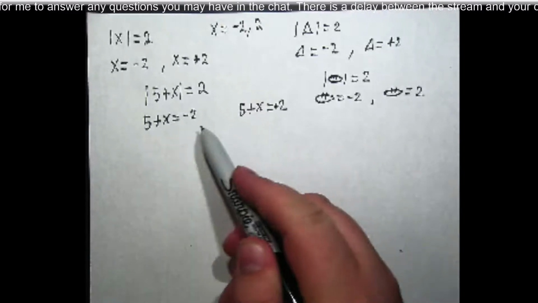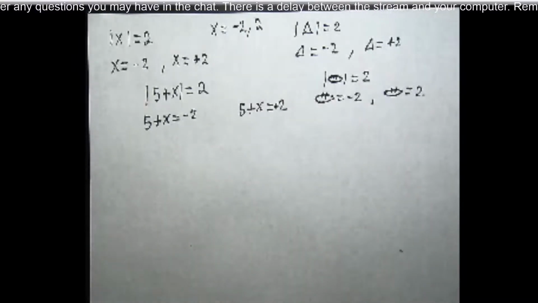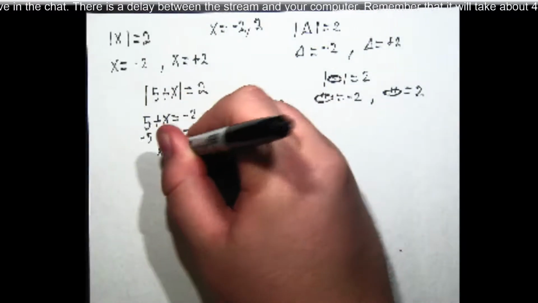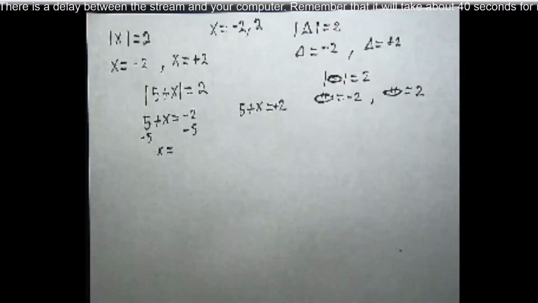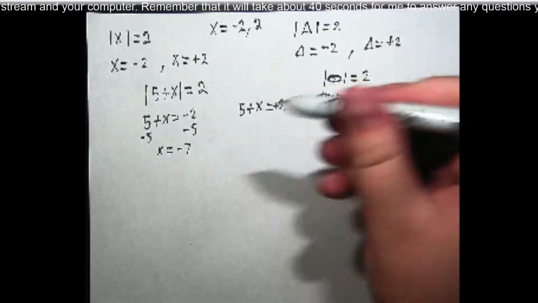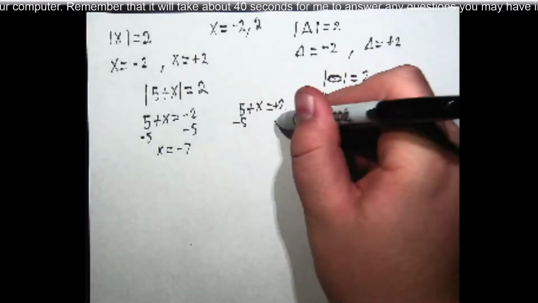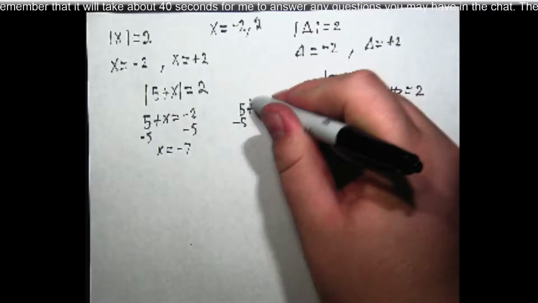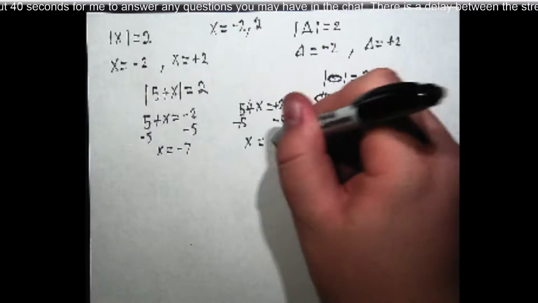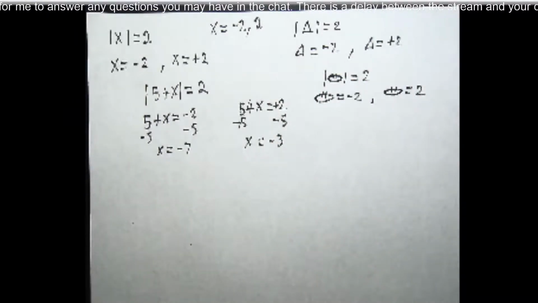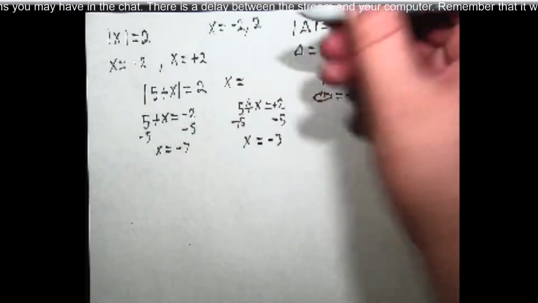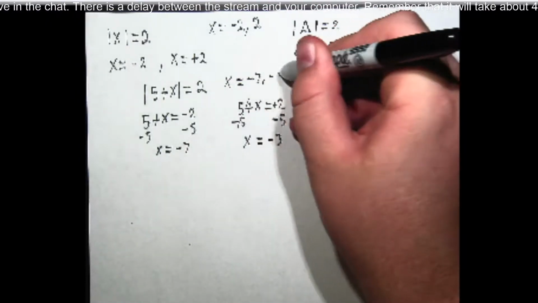This is just a normal equation now. What do we do? Subtract 5. So x could be equal to what? Negative 7. This one, yep, same thing, subtract 5. That cancels, we have x is equal to negative 3. So, after solving this, we see that x could be equal to negative 7 or negative 3.